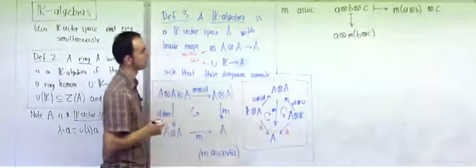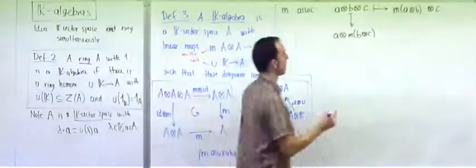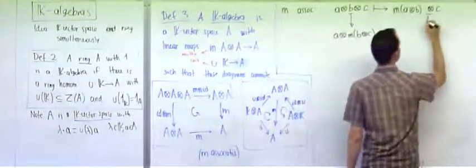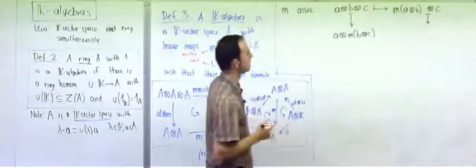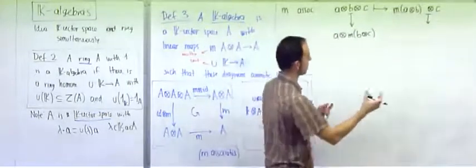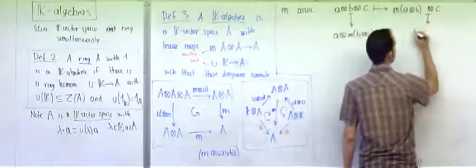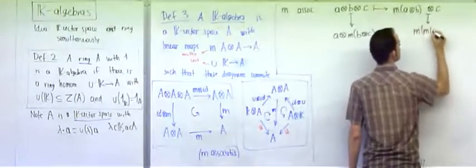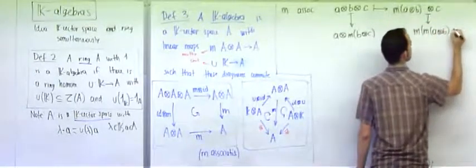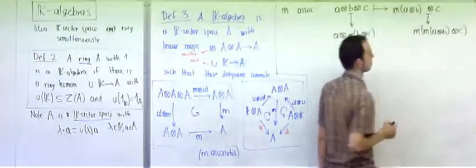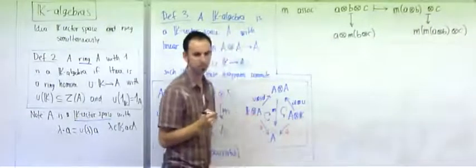Now what happens when I take this guy and I map it down? I get this, the multiplication of this and this. Right?